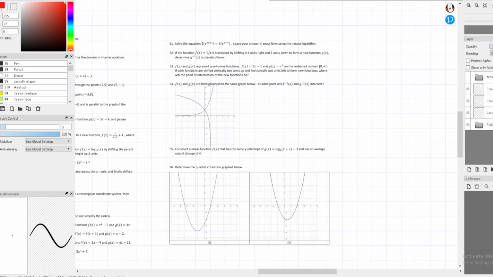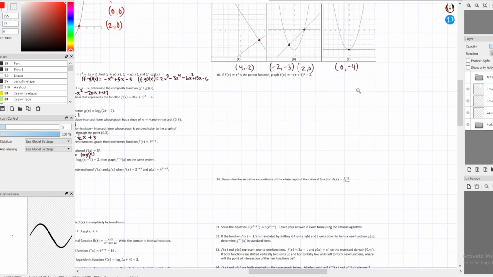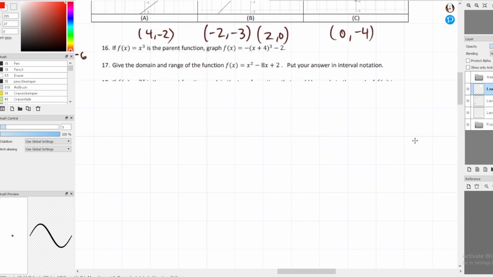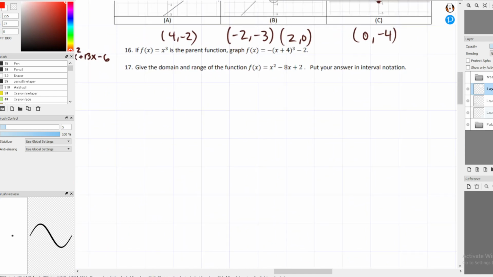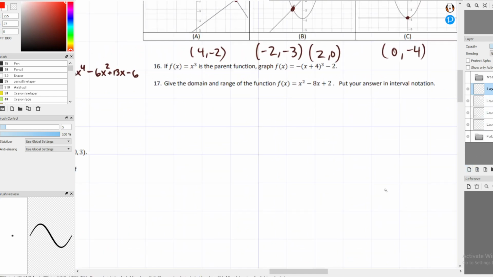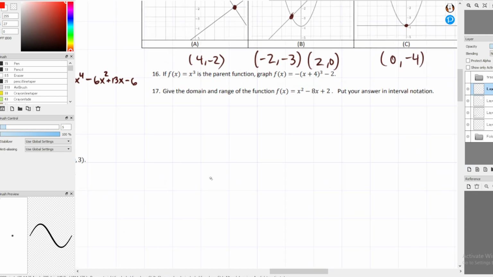Let's go back up. 17 is telling us to give the domain and range of the function f of x equals x squared minus 8x plus 2. Put your answer in interval notation. So the domain of quadratic functions, given there are no restrictions, will always be all real numbers.